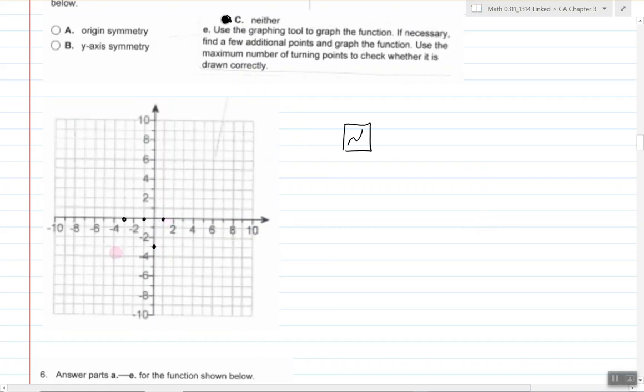So if I were just graphing this on a piece of paper, it comes up, it hits that, it comes down here, and it turns around, and it looks like that. I will demonstrate in my math lab in just a minute how this works in math lab.